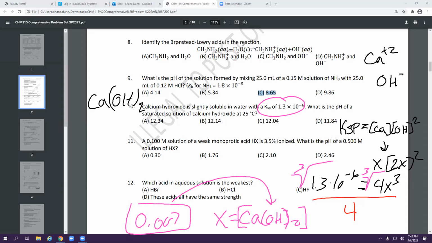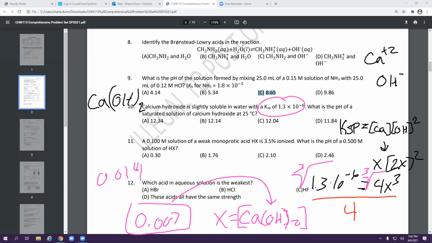How does the concentration of calcium hydroxide help me find pH? Negative log? That's correct, but there's one more step beforehand. How many OHs do I have? So I multiply this 0.007 by 2, and it easily becomes what? 0.014.